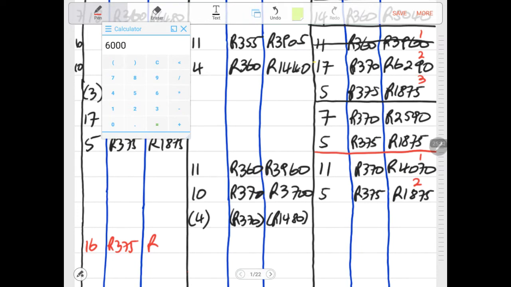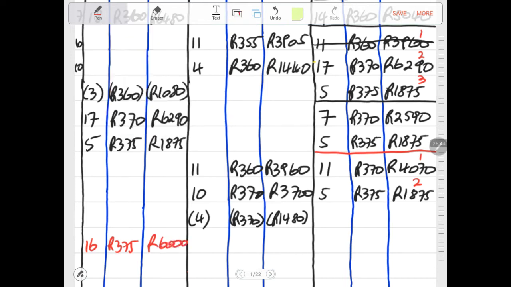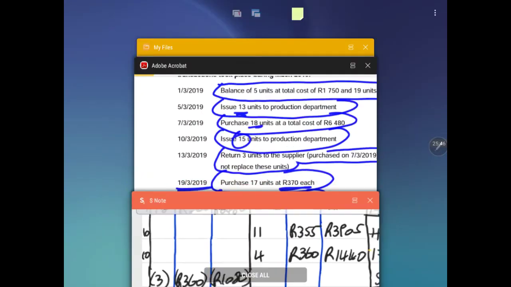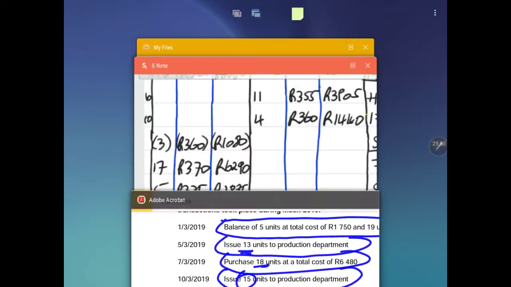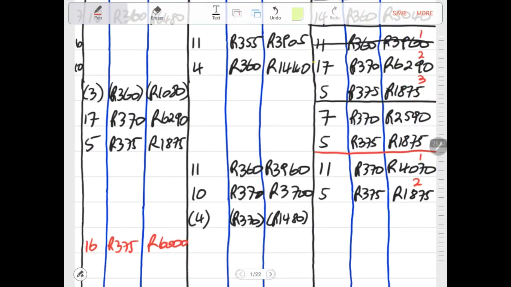This will give us a total cost of all these units. 16 by 375, we get to an amount of 6,000 rands as the value of this inventory. Just verify that 16 units at 365, not 375. It is 365, not 375. We have 365, so our total cost will have to be adjusted.